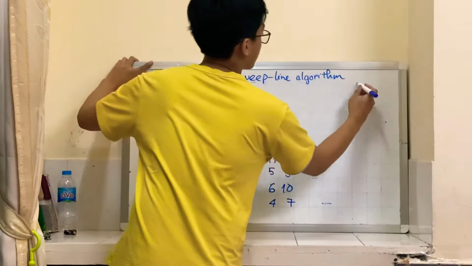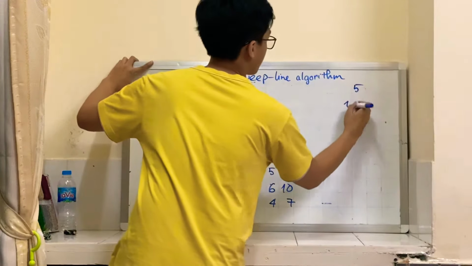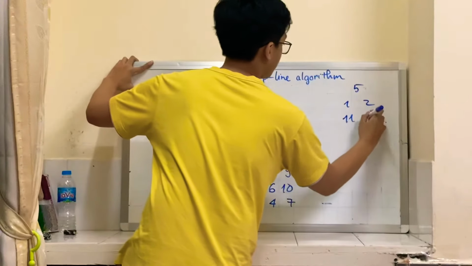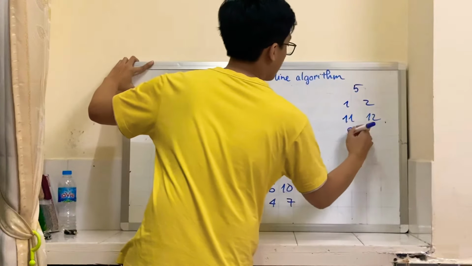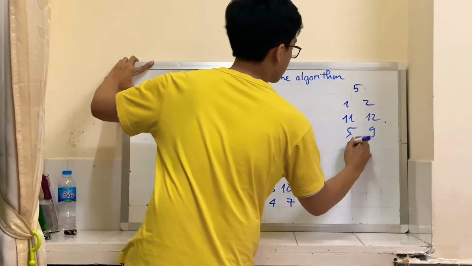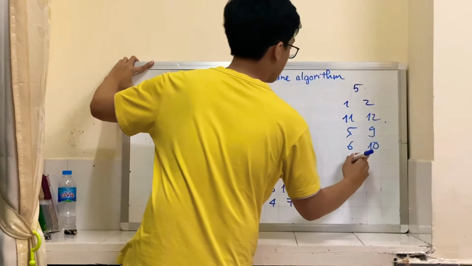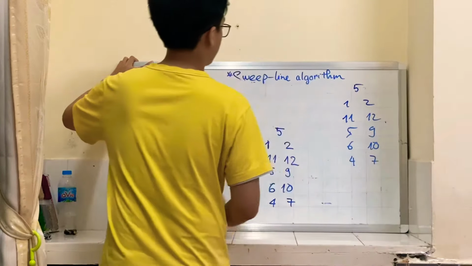Alright, the example: 5 lines, 1 2, 11 12, 5 9, 6 10, 4 7.